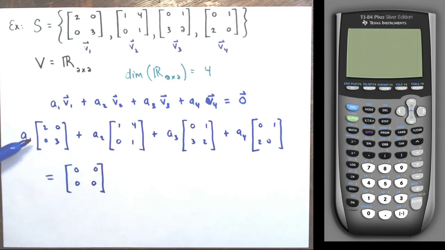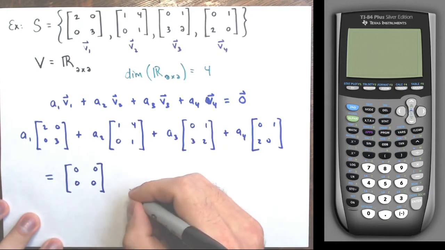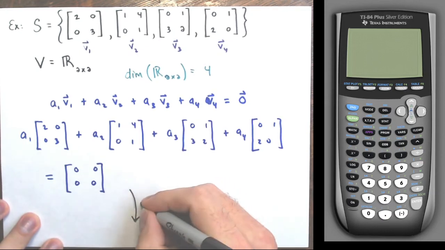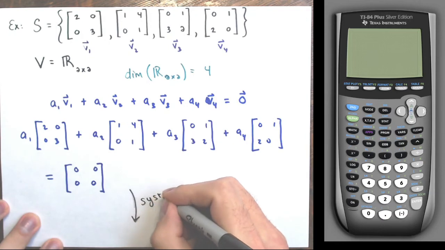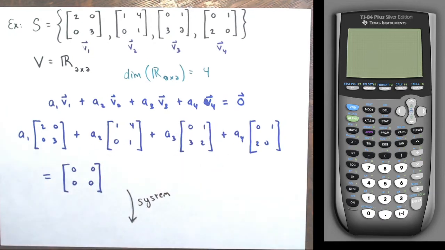So remember, this side here would give me one matrix if I add them all together. But in order for one matrix to be equal to another matrix, the corresponding entries have to be the same. So again, this leads me to a system of linear equations that needs to be satisfied, involving my unknowns, these scalars a1 through a4.